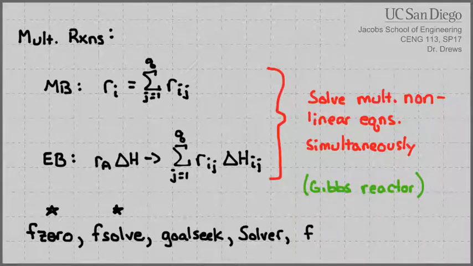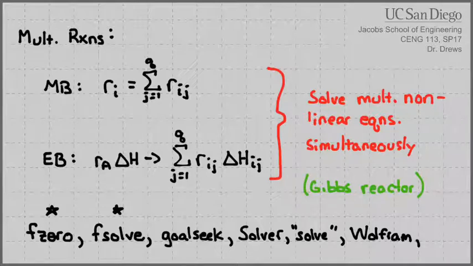There's also, does anybody have a TI-89 with them? I think it's just called Solve. I'm going to put it in quotes because I'm not sure exactly what that is. But your calculator has a way to solve nonlinear equations. There's also Wolfram Alpha. Actually, Alpha could have trouble with it. You might have to go all the way back to Mathematica.